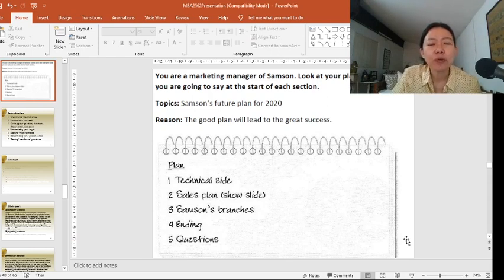And the reason for your presentation is that good plans will lead to great success. Below is your plan of how you're going to proceed through your presentation. So you will start with the technical side, sales plans, and then you will talk about Samsung branches, followed by a conclusion, and then you will invite questions from the audience.